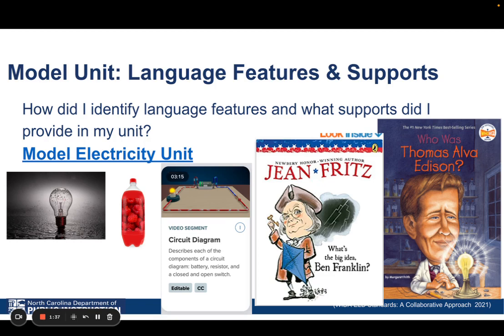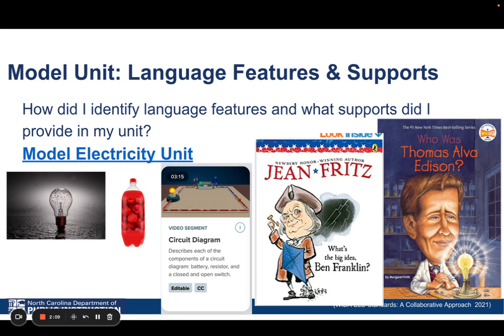Our two learning activities involved a poster describing either Ben Franklin's contributions to electricity or Thomas Alva Edison's contributions to electricity. We also had to explain to a partner how an electrical circuit works.